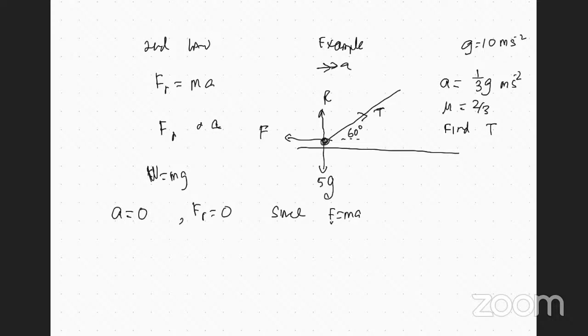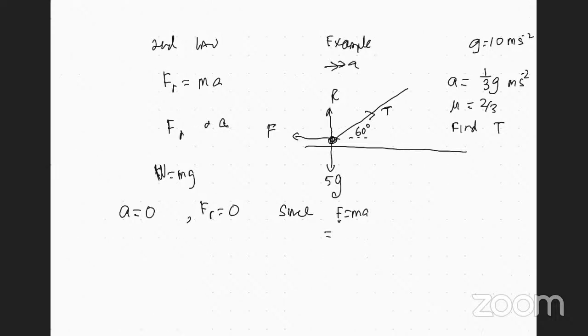The mass is 5, and the acceleration is 1/3 by g. Let's plug in g as 10. And because the object is acting horizontally, we work out the resultant force.